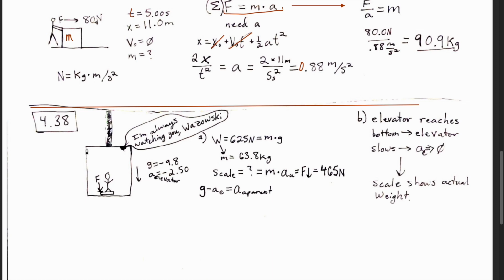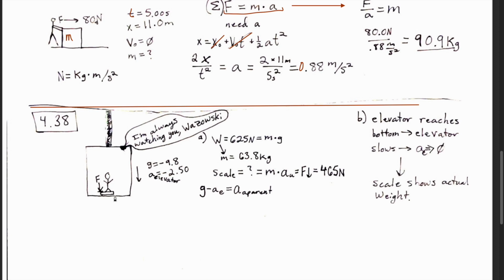A. If the elevator has an initial acceleration of magnitude 2.50 meters per second squared, what does the scale read? And then B. What does the scale read after the elevator reaches its final speed as it heads to the bottom floor?